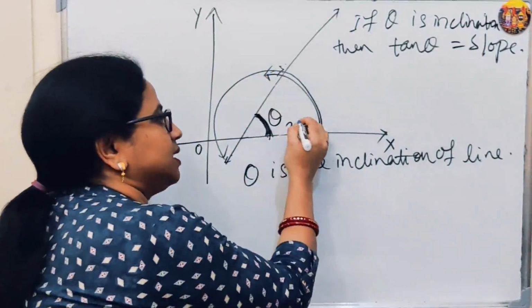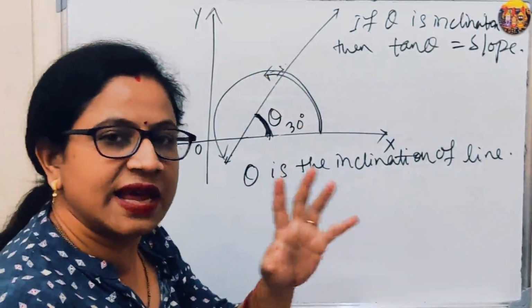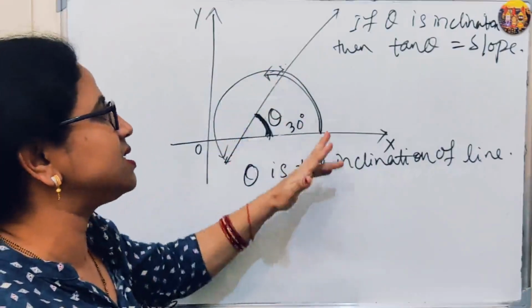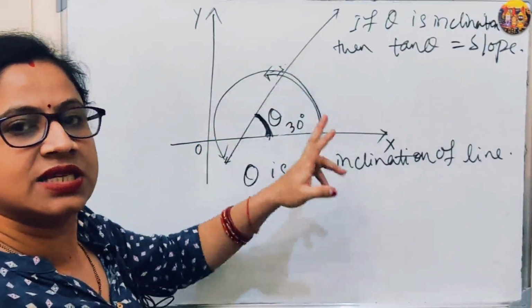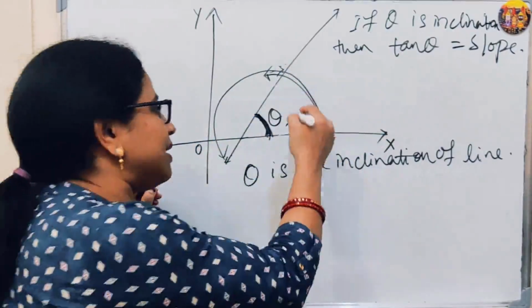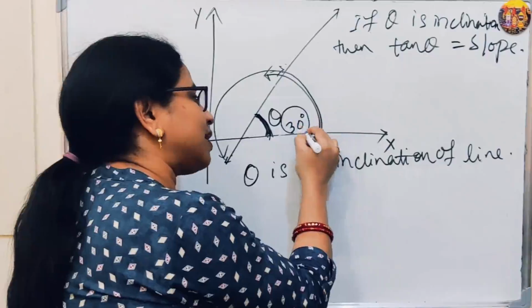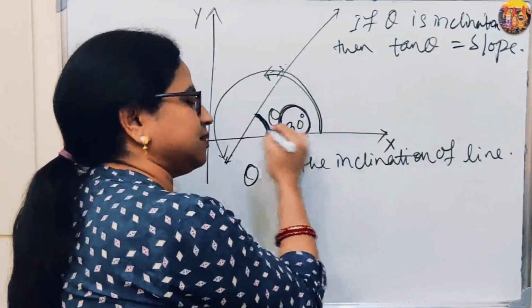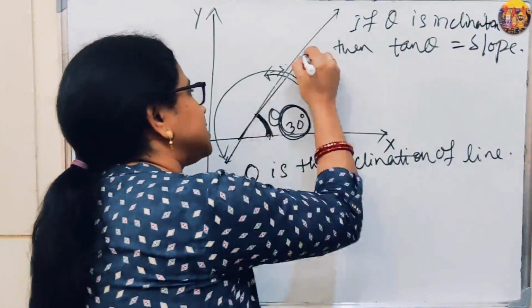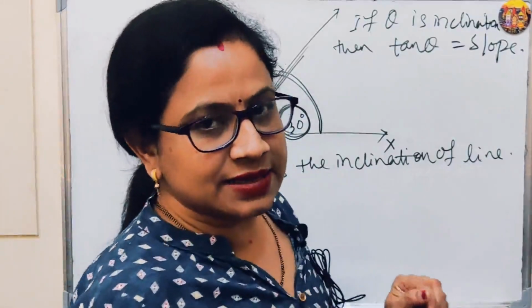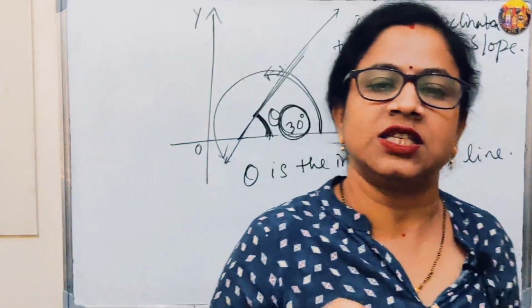If this is 30 degrees, then the inclination of the line is 30 degrees. The line is created at 30 degrees on the x-axis in the anti-clockwise direction from the positive x-axis. And if I calculate tan 30 degrees, then tan 30 degrees will be the slope of the same line. So if theta is the inclination of the line, tan theta is the slope of the line.